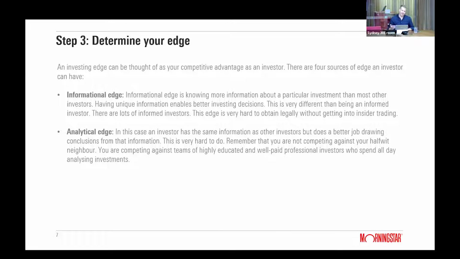Really, what informational edge is now is a lot of it is insider trading, as somebody made a comment. So that is kind of deliberately going out there and getting information. You might have informational edge in other ways if perhaps you work for a company, but most of that's actually blocked as well.